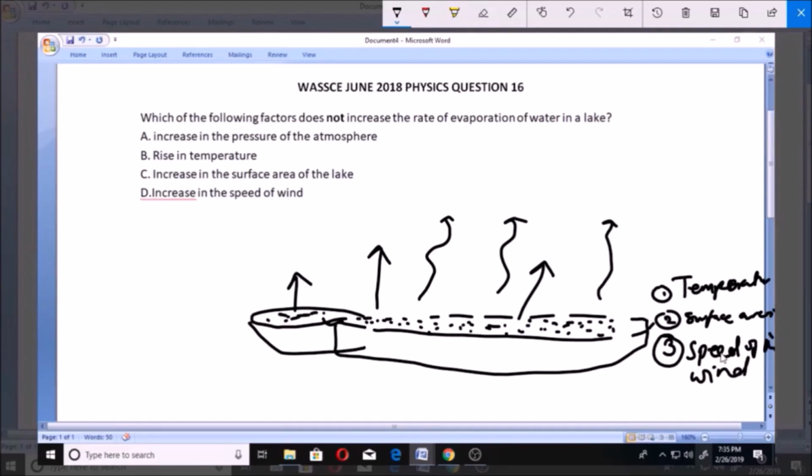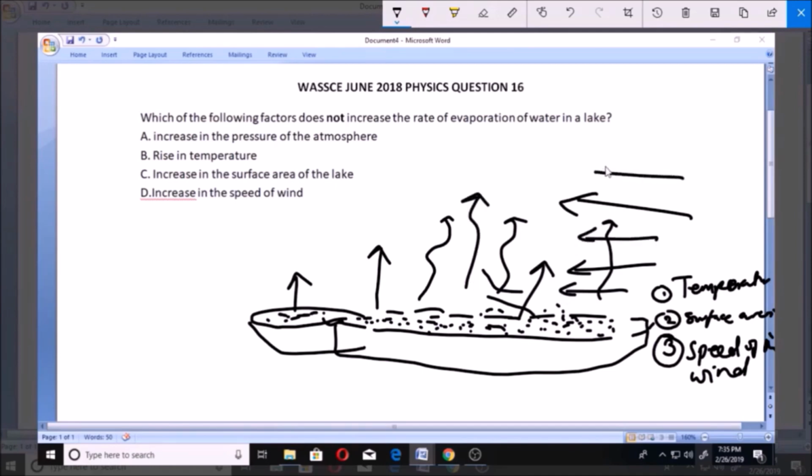If we have heavy breeze flowing, what's going to happen? They're going to push some of this water out of the lake surface and into the atmosphere. So breeze will be picking out the water from the top of the lake and be going up. So all these three factors will increase the rate of evaporation.